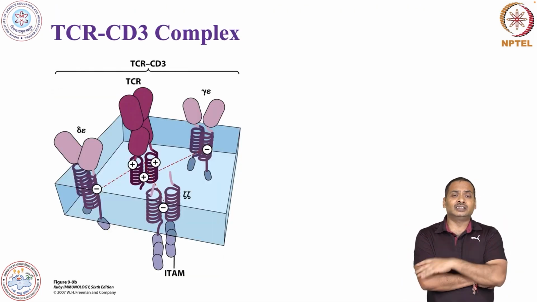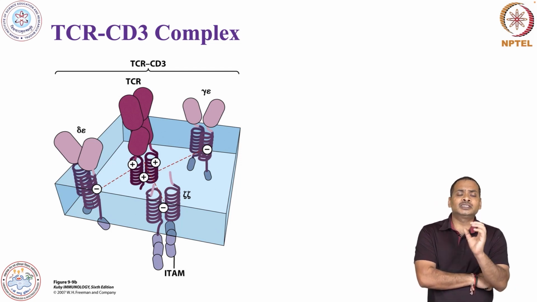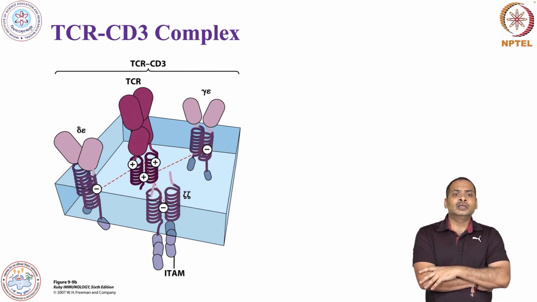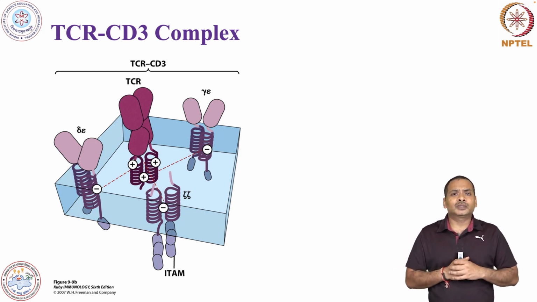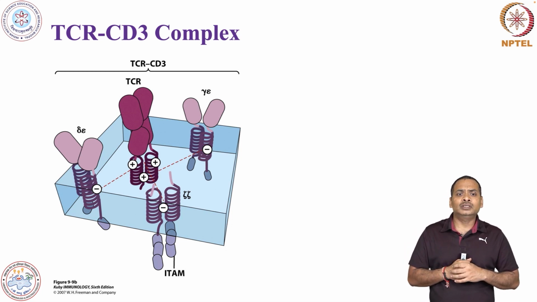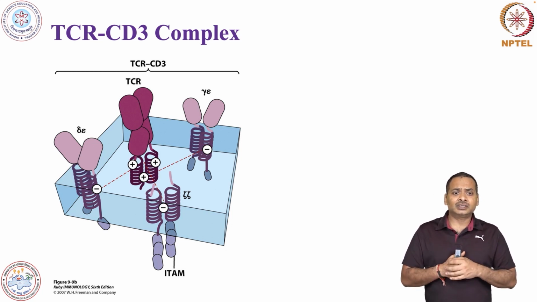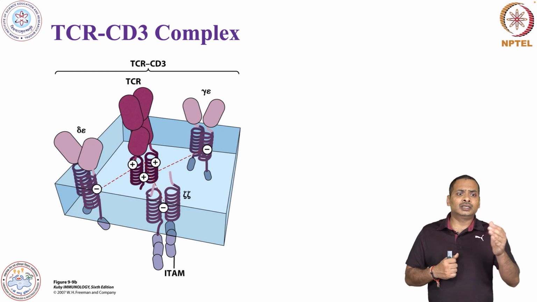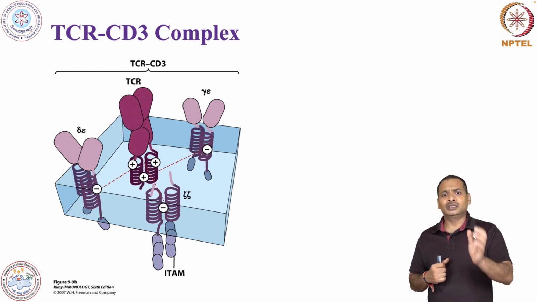Here you can see that this TCR is always associated with the CD3 molecule. Okay. There are several polypeptide chains of the CD3 molecule. Here you can see that there is a zeta chain, and there is a delta chain, epsilon chain, gamma chain.